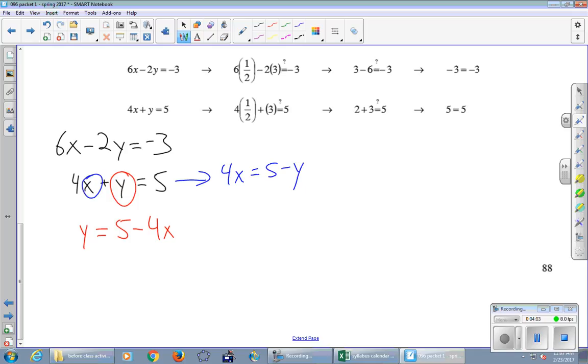But then solving for x means we've got one more step here, and it's a division, which means there's fractions. 5 minus y, all divided by 4. So totally fine, but a lot less friendly than what we have. Why did Jeff gravitate towards the y in the second equation? So why did we pick that one?